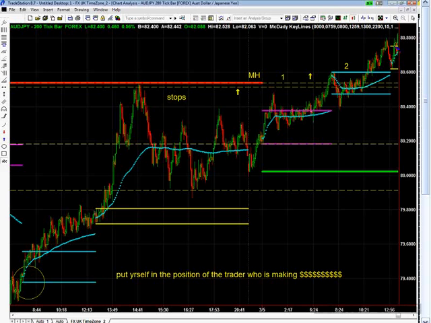Then at the end of the session, it pushed higher, and now I have reason number 3, which is now we're getting into a second session. And right here, what I have as point number 3, the price broke above the initial range.